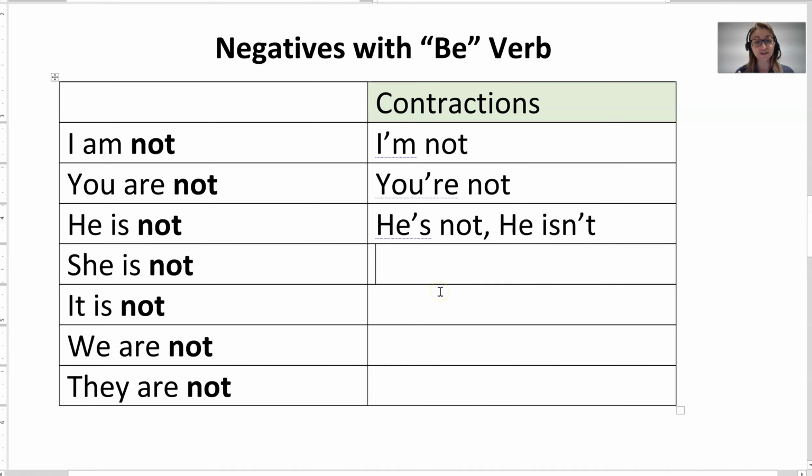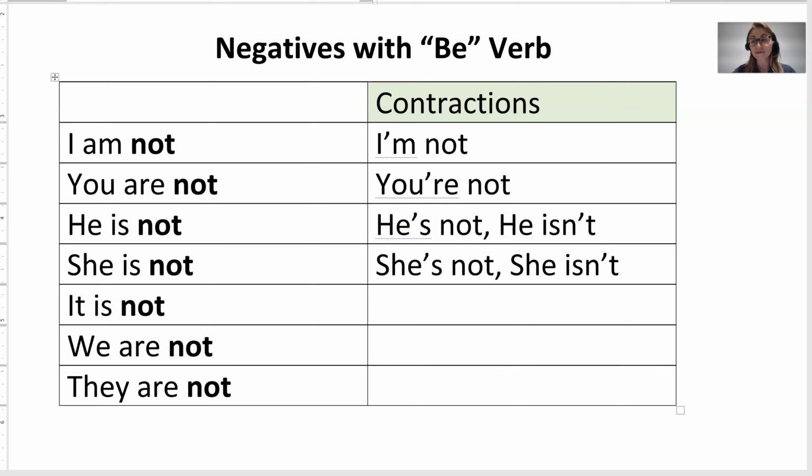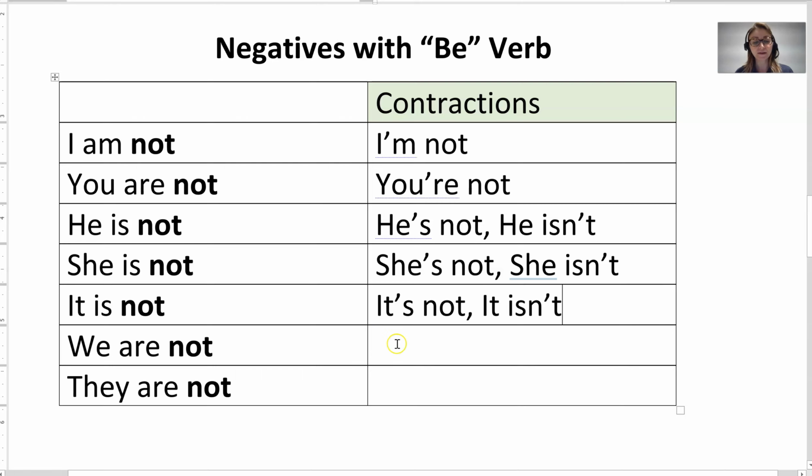Okay, next one is she is not. Same idea. You have two choices, she's not or she isn't. Same idea. Next one, it is not. You can say it's not or it isn't. Isn't.